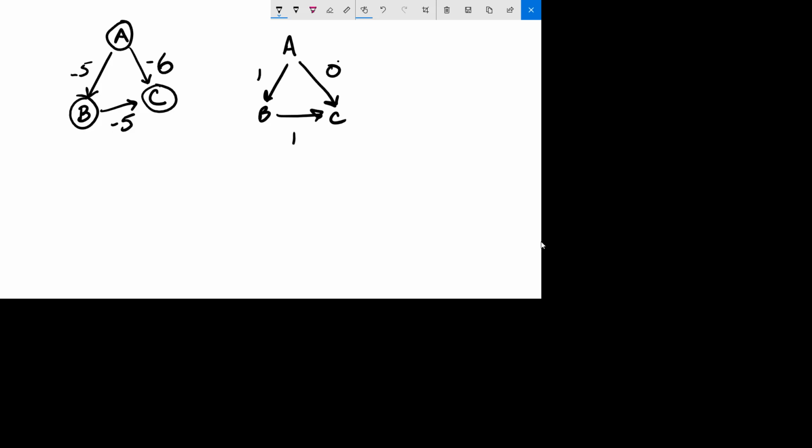Okay, so that works because in the original graph, the shortest path from A to C is A, B, C, which is negative 10. But when we transform it, the shortest path is directly A to C. So we get the wrong answer when we do that transformation. And again, the problem comes from the fact that this path of length 2, we ended up adding 12 to it. In this path from A to C, we only added 6 to it.